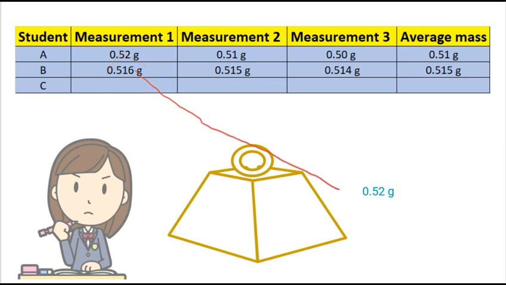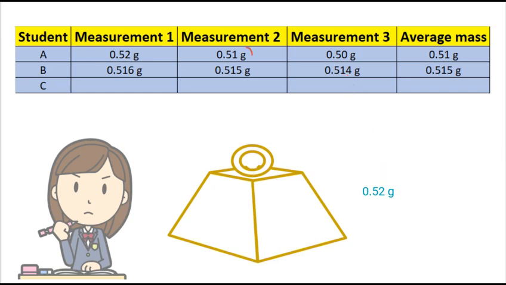So it is very close to the actual value but not that accurate. Similarly, consider the second case, 0.515 grams. How much is the difference between these two? 0.005. Here also the data is very close to the actual value but it's not accurate. Consider this one. In this case also the data is very close, but it's not accurate.